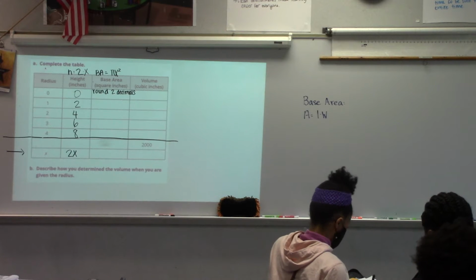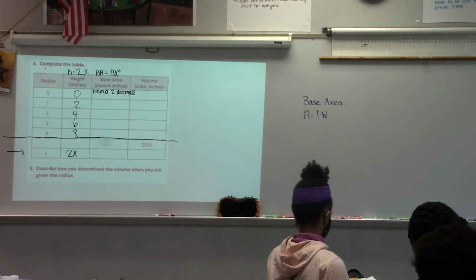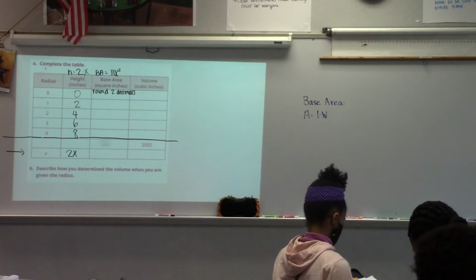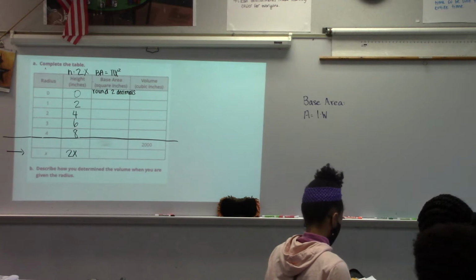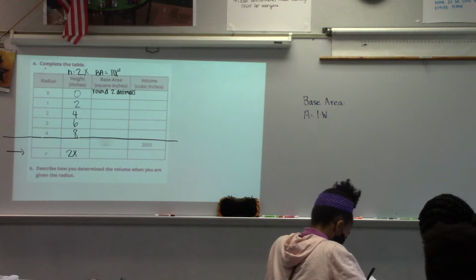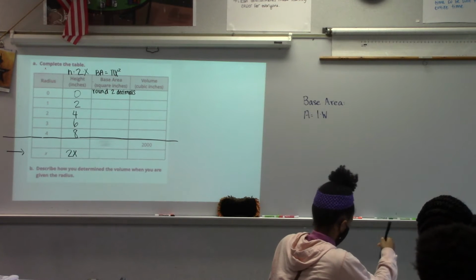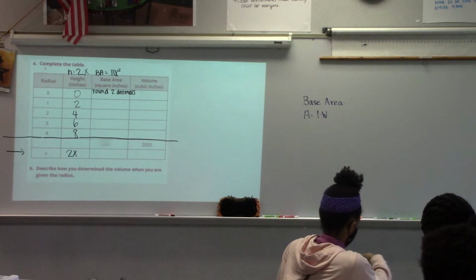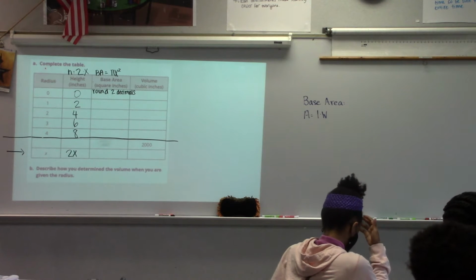Okay, so volume is the base area times the height, right? So what is that in terms of my x's? What's base area in terms of x's? And then what's my height in terms of x's? Okay, and do I know what my volume is?